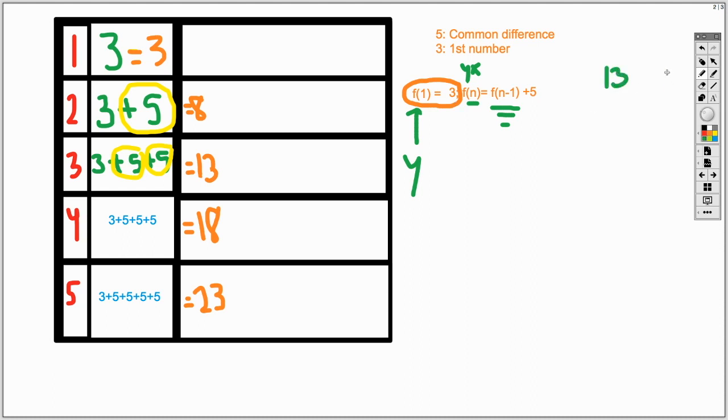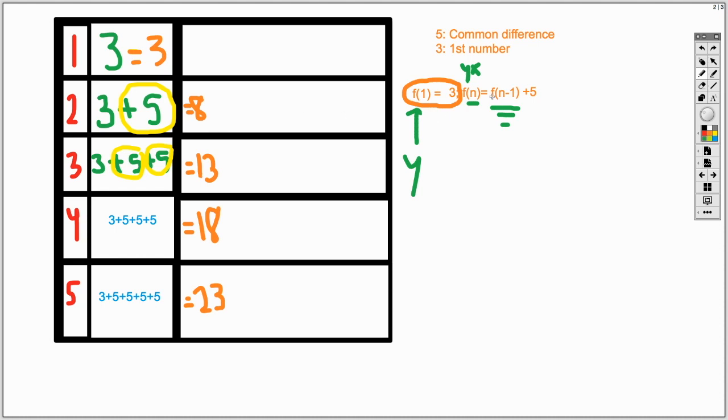I get 13. But 13 is not the second number. That's our third number. That's what N minus 1 is there for: the first number we never multiply, add, or subtract anything, we just leave it alone.